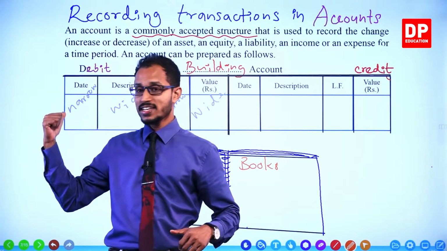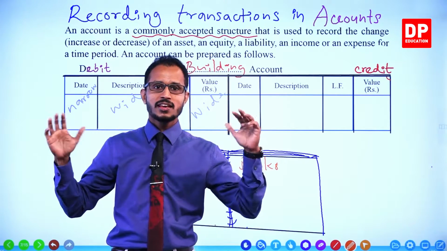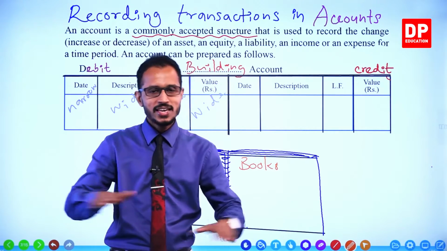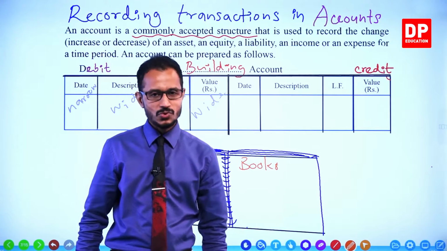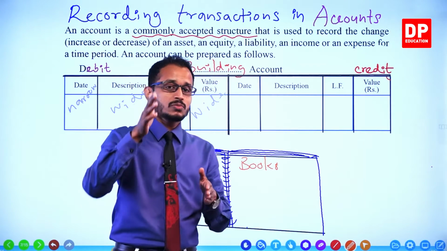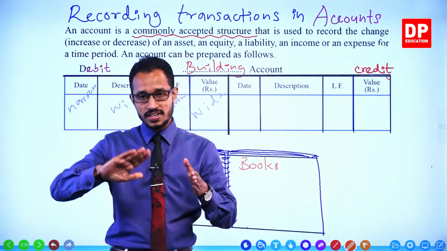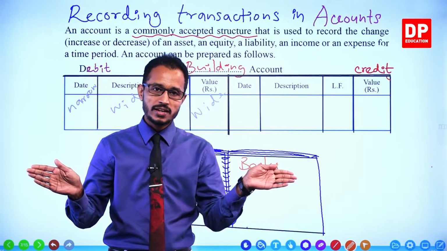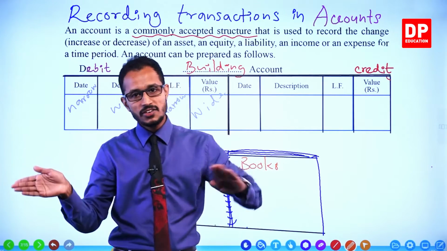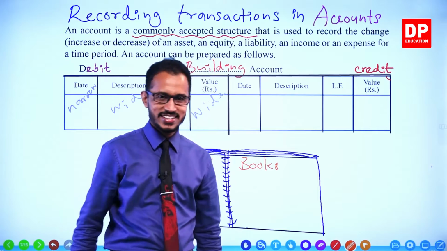If you put credit here and debit here, end of story. All your accounts will be wrong. So say it with me. Debit on the left, credit on the right. Debit left, credit right.